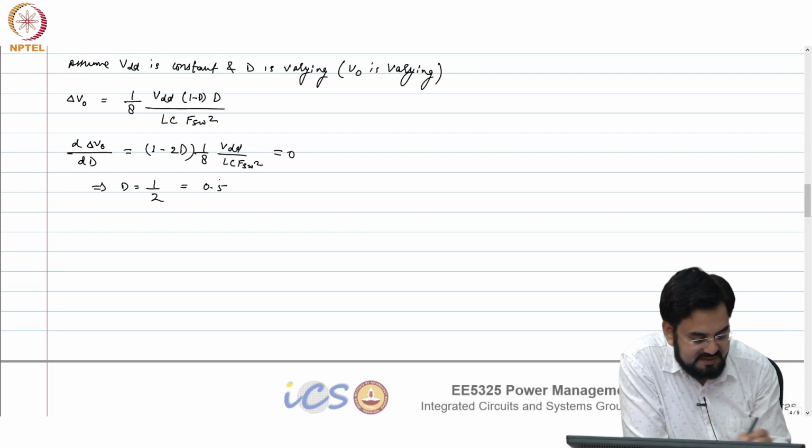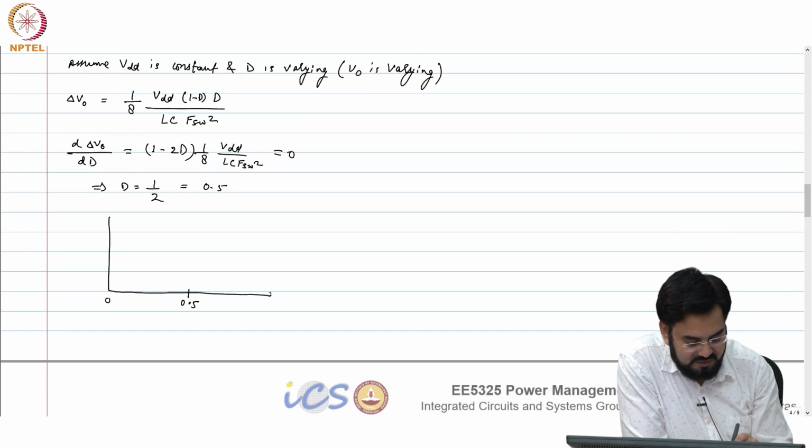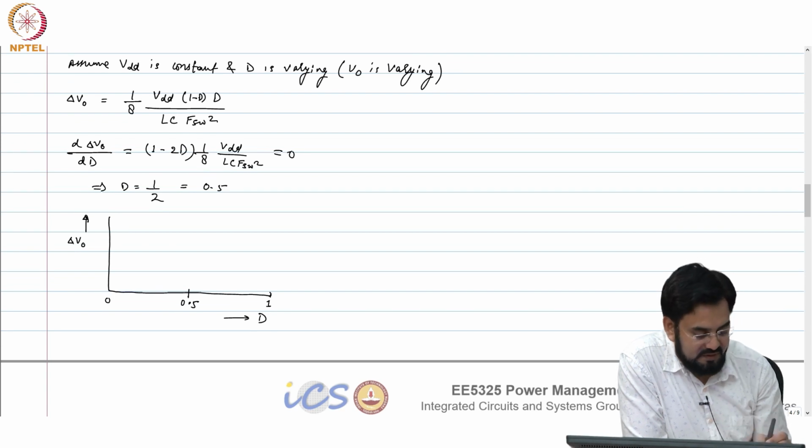So, there is a perfect symmetry around 0.5. So, this is 0.5. If you go 0 to 1, and this is your duty cycle, and this is your delta V out.